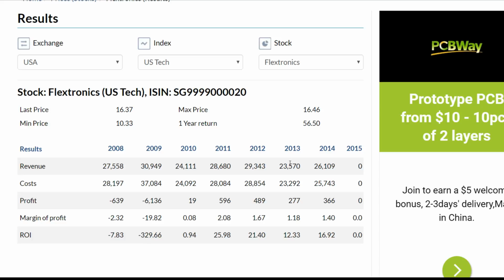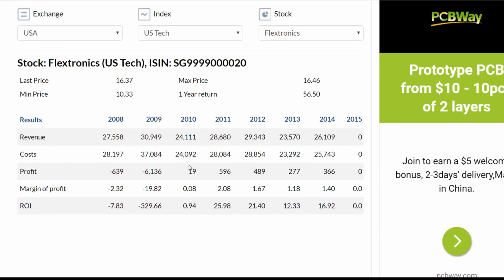Revenues in 2013 decreased by $5.7 billion US compared to 2012, and revenues in 2014 increased by $2.5 billion US compared to 2013.